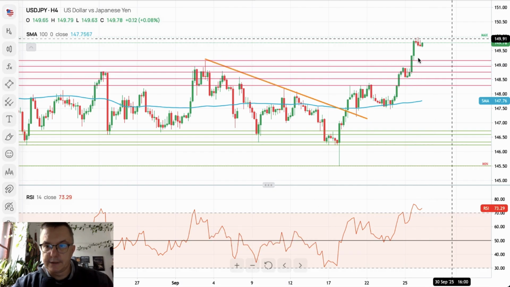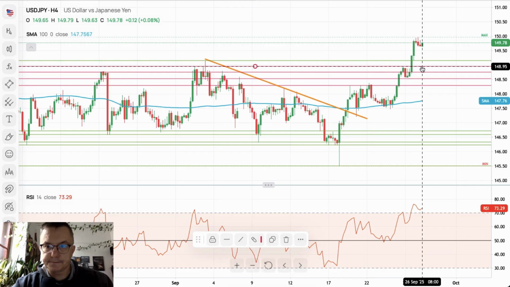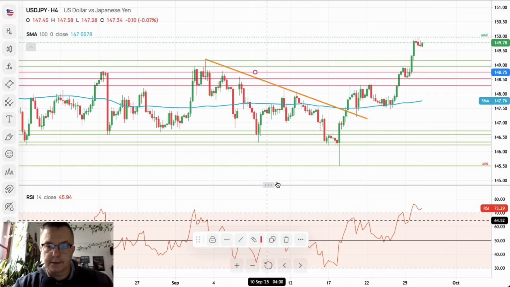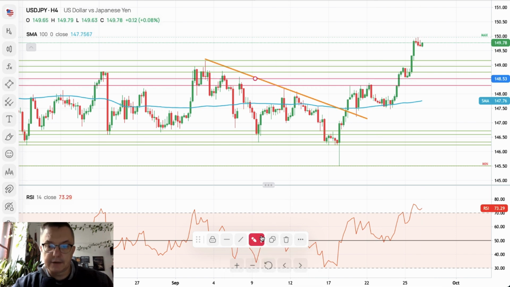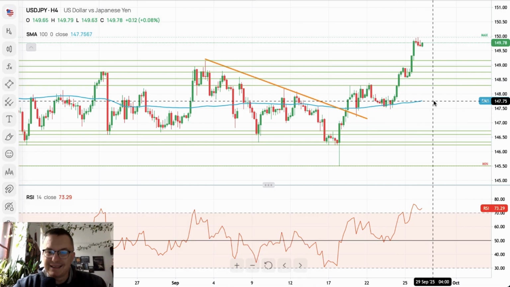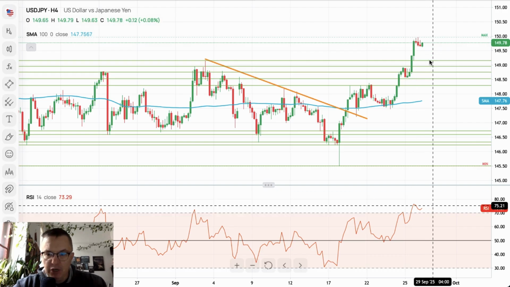So let me just remove this supply zone, and now it's not a demand zone yet, but it's just a regular, typical, there you go, this is support levels, right? So we need to test it in order to see whether this can be the demand zone.